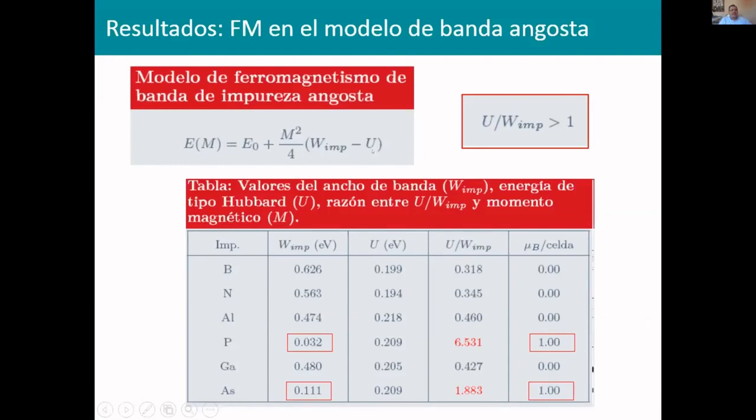But if this term is negative, we have magnetism. So from that, we obtain a condition similar to the Stoner criterion: if the ratio between the electron repulsion and the bandwidth is larger than 1, we have magnetism.